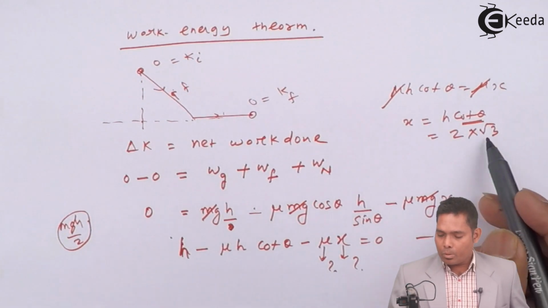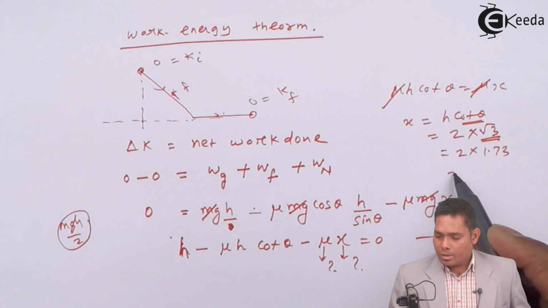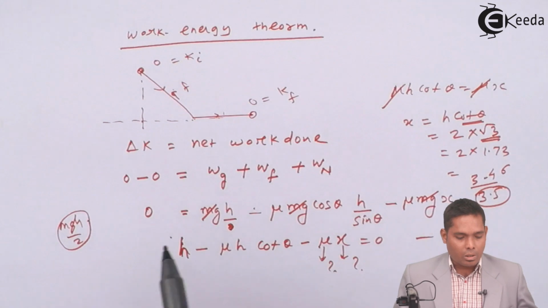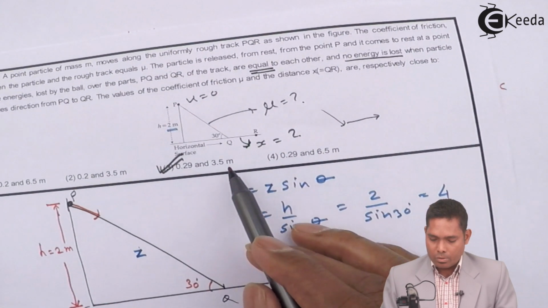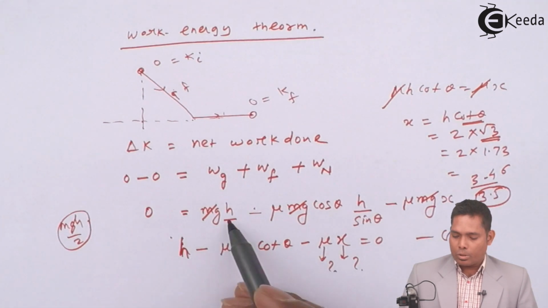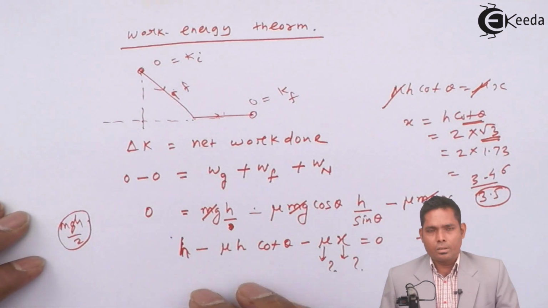If I put that, that is 2 into 1.73, which is 3.46, or nearly 3.5, which is our answer. 3.5 is the answer. So once you get this, you go back and put this in the expression and then get the value of mu. So in that case, we just use the idea. Okay, thank you.